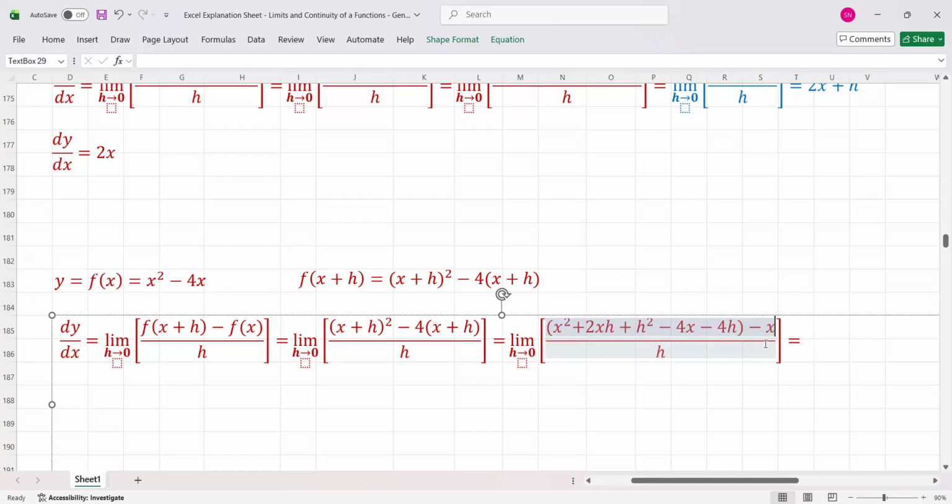So minus x squared minus 4x, all divided by h.